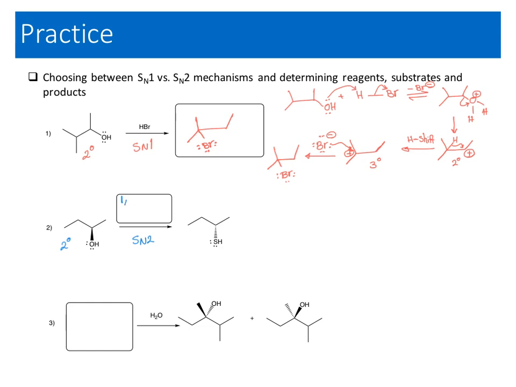So in the first step, we are going to use tosyl chloride and pyridine to convert this OH to a good leaving group. And then in the next step, since it is an SN2 mechanism, we need to use a strong nucleophile. We replace OH with SH, so we can use SH as a good nucleophile.